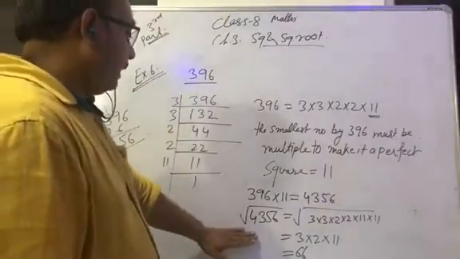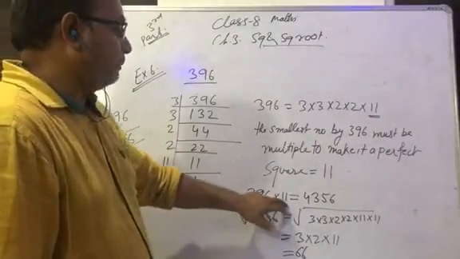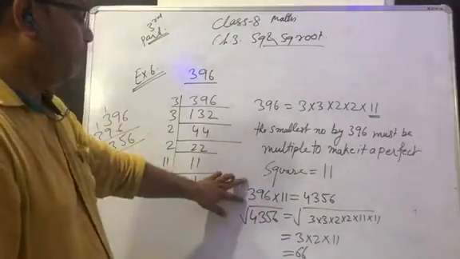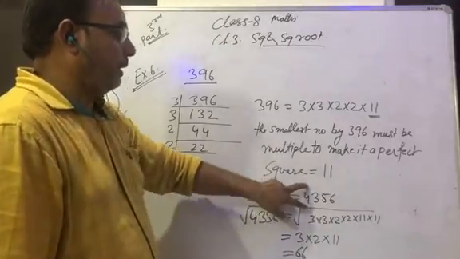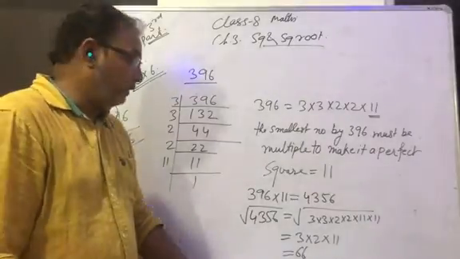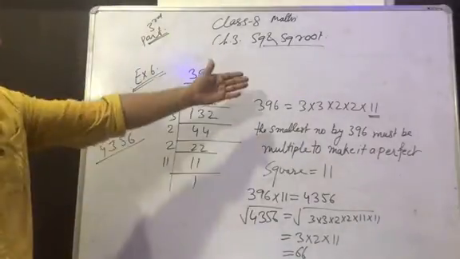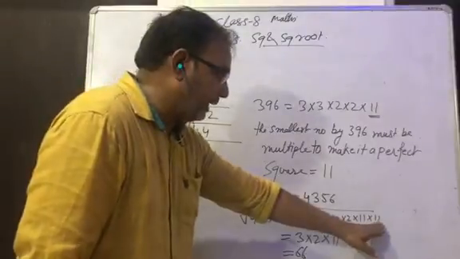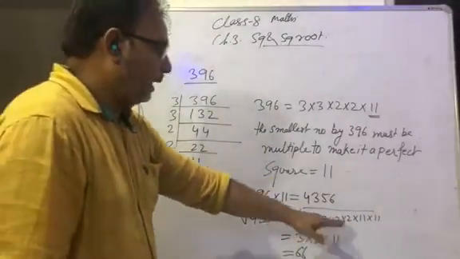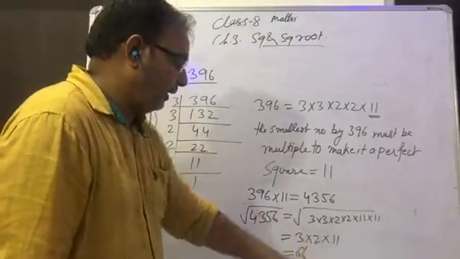So 396 times 11 is equal to 4356. It means when we multiply 396 times 11, it will become 4356. And if we find the square root of 4356, it will be the same prime factorization, but 11 is added here. So you can take out one common from each pair. This is 3, 2 and 11.